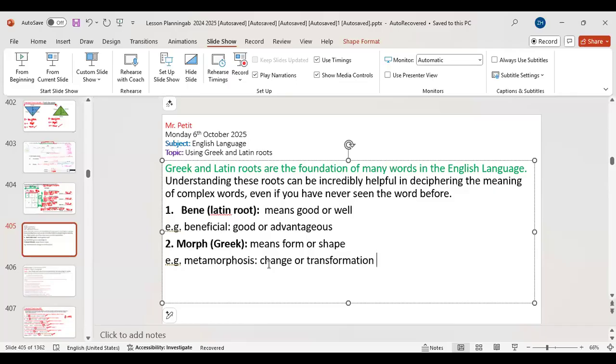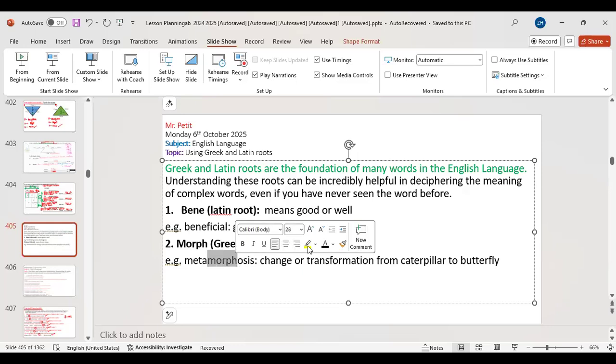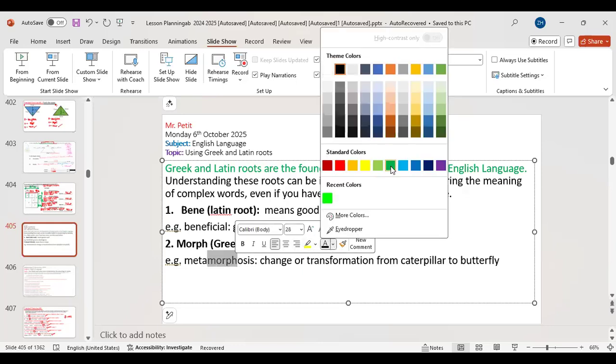Change or transformation from caterpillar to butterfly. Or it could also mean from one state to another. So you see morph is inside of it. Morph, change shape. That's the hint.